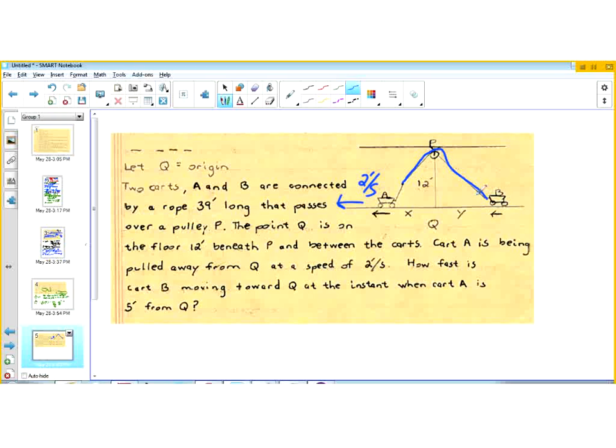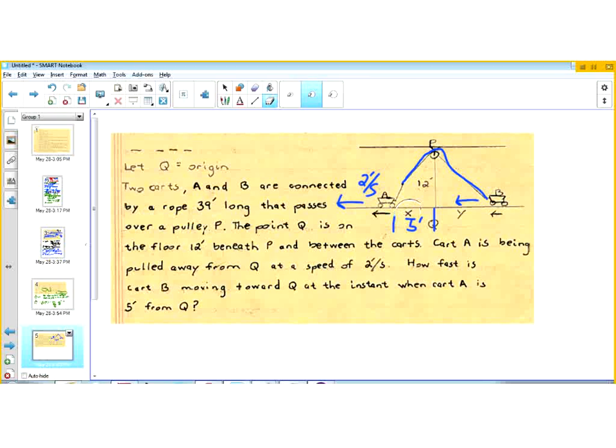When that happens, the rope will tug on cart B, and so cart B will move toward point Q. How fast is B moving toward point Q at the instant when A is 5 feet from Q?